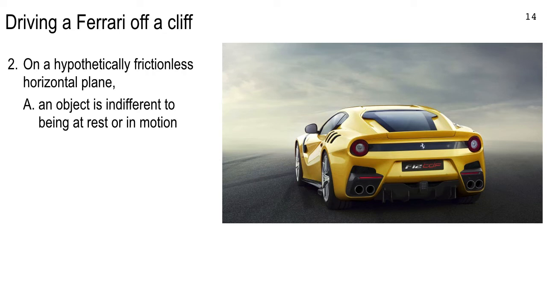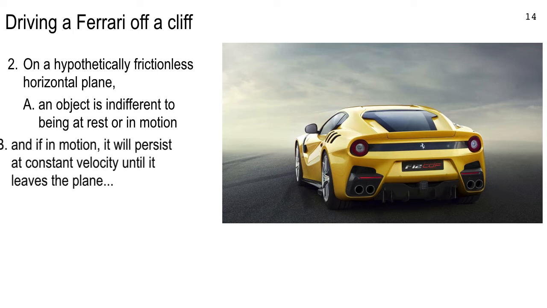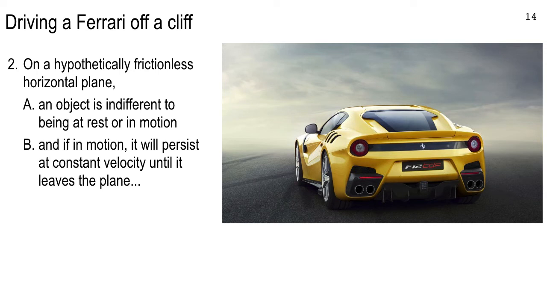So it's indifferent to being at rest or in motion. It doesn't really care, on this hypothetical frictionless surface. If it's in motion, it'll persist at constant velocity until it leaves the plane, and then it goes over the cliff.